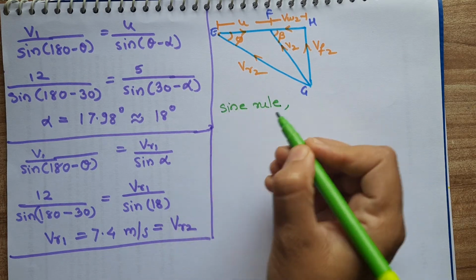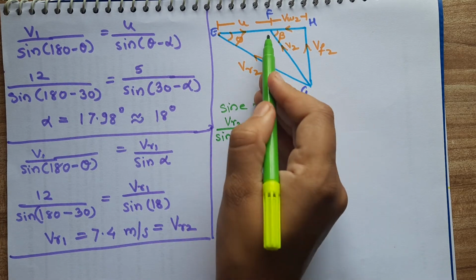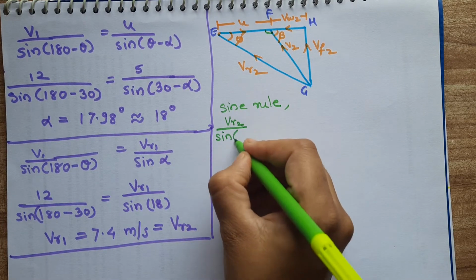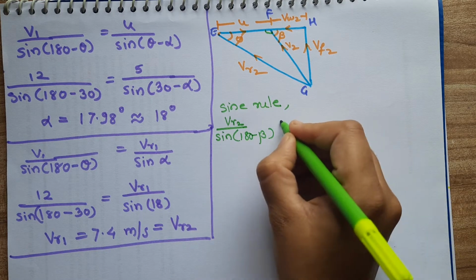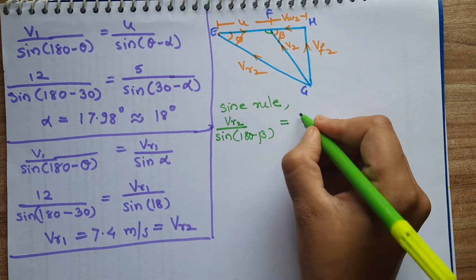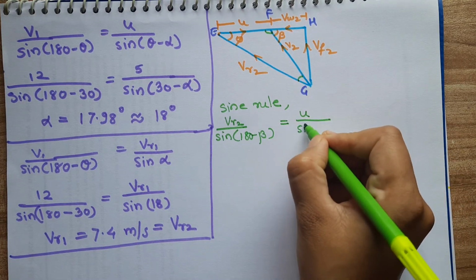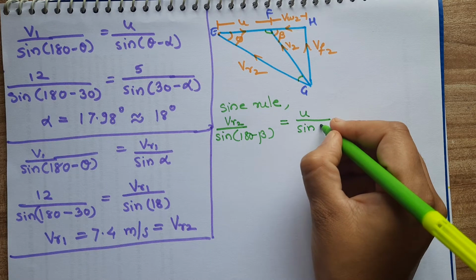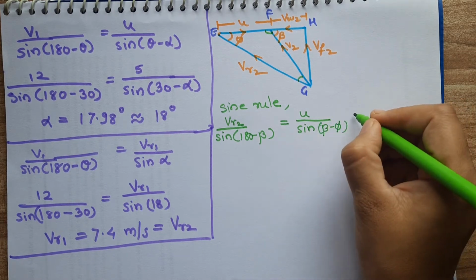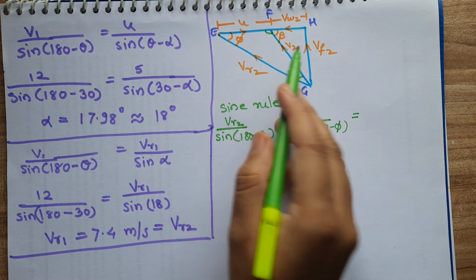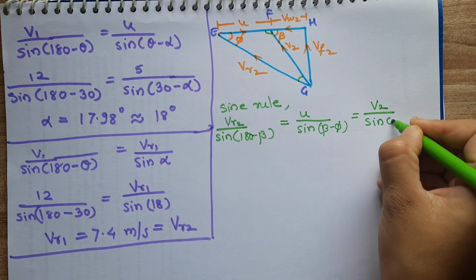By the sine rule we can write VR2 divided by sine of the opposite angle, that means 180 minus beta, equal to U divided by sine of beta minus phi, equal to V2 divided by sine of phi.